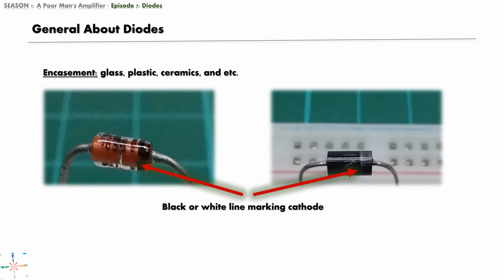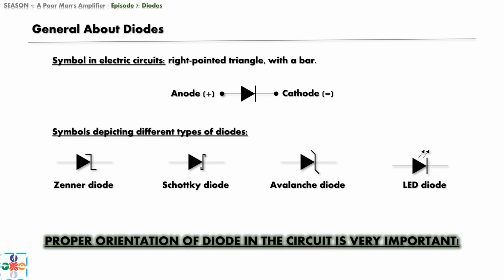Diodes come in many shapes, sizes and types of encasements. They can be encased in glass, plastic, ceramic and so on. As a rule of thumb, no matter the form, on the body of the encasement, in general, there will be a white or black line, indicating that the terminal closer to the line is the cathode. In electric circuits, diodes are represented via a right-pointed triangle, with a bar on the right side.